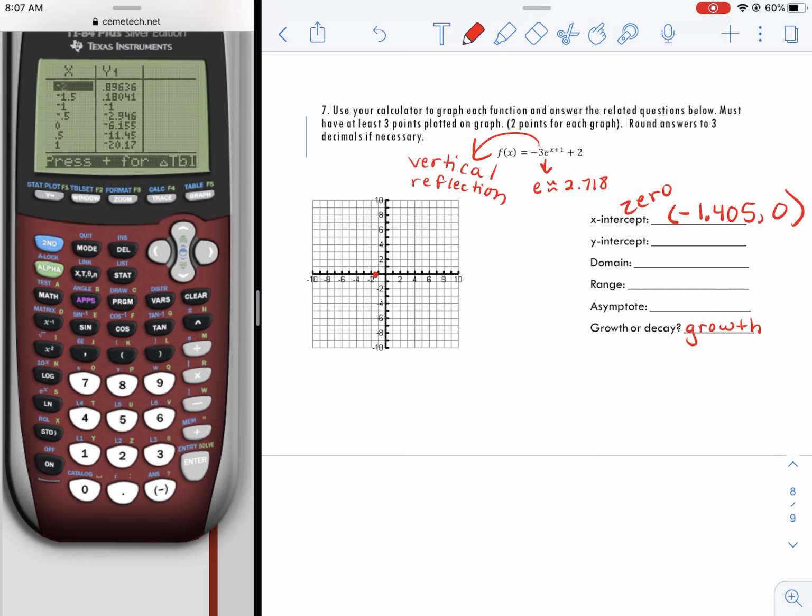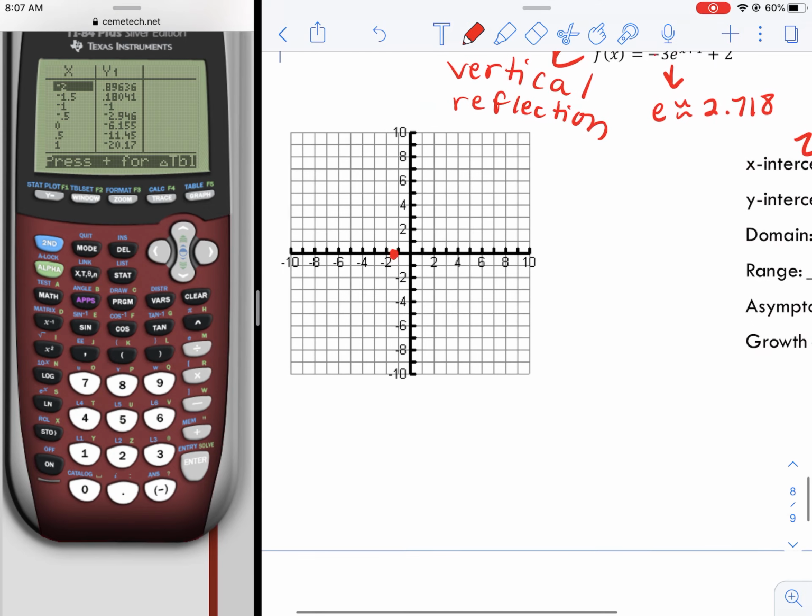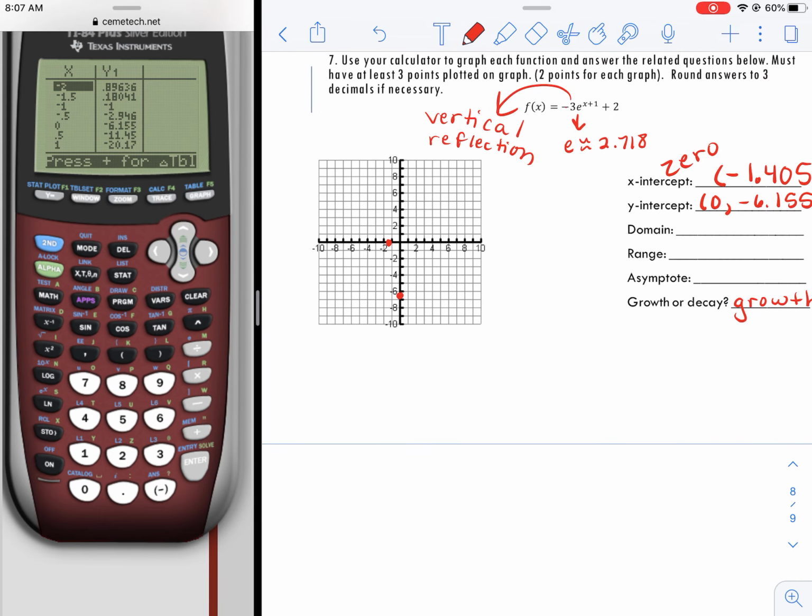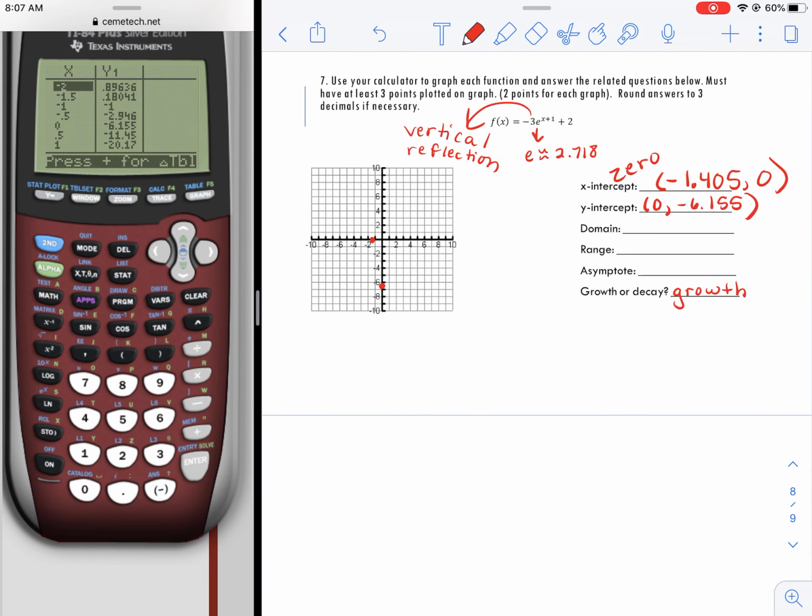Okay, the y-intercept, you can find that by looking at your table. Okay, when x is 0, if we round to 3 decimals, it says -6.155. Okay, I'm going to go ahead and sketch that, negative 6.155, just get a little bit below 6. Okay, the domain is always going to be negative to positive infinity.